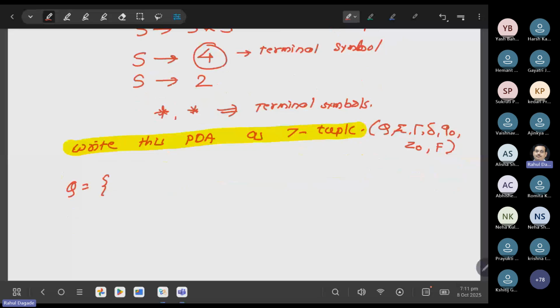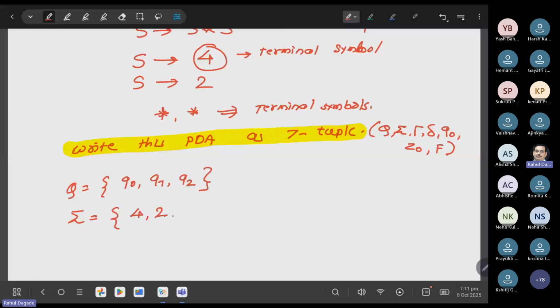Which are the input symbols? Sigma. Input symbols are all the terminal symbols. So we have 4, 2, plus, multiplication.